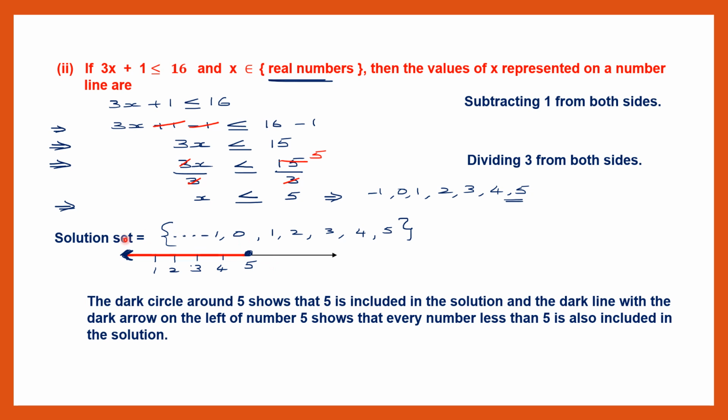Okay, so I hope you understood how this is done. Since the solution set says all numbers equal to and less than 5, I started with 5 and there is a dark dot because 5 is included. And this dark line here will show that it continues, especially with the dark arrow here. This arrowhead is dark, telling us that this continues on the other side.